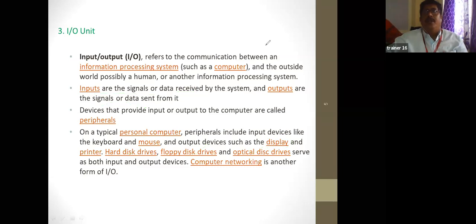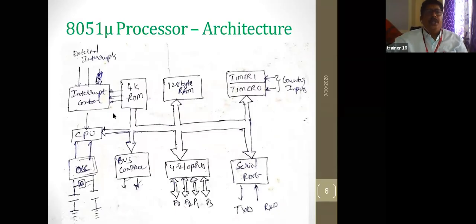Next we will go for the 8051 microprocessor architecture. In this, if you observe, the CPU and all these components from the processor work together.